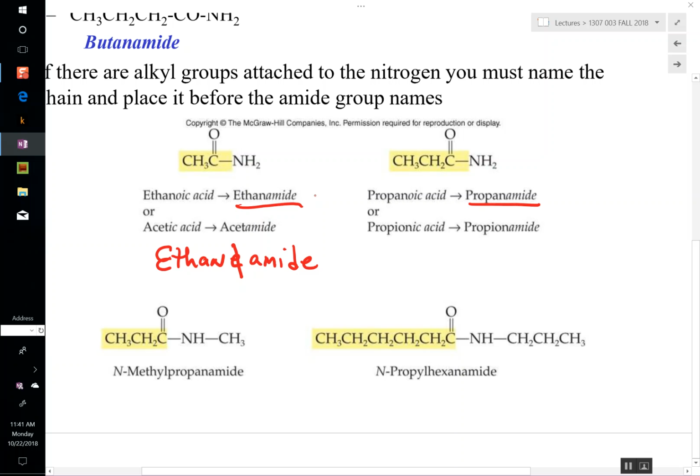This also has a name, and we'll have a slide here in just a second to show you which molecules you should memorize. But this is also called acetic acid, and it's going to be acetamide. Acetamide. 2 carbons. So acetaldehyde, acetic acid, and now you got acetamide.